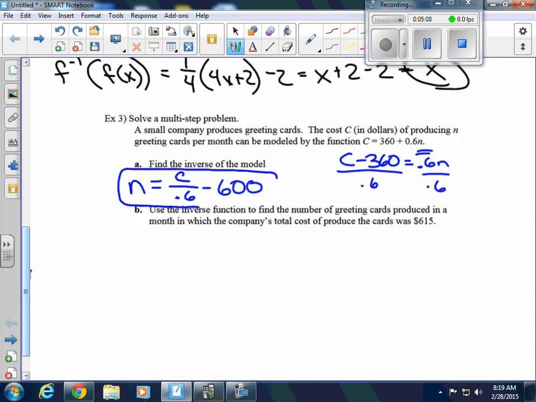And so here is the inverse function for that model. Now for part B, it says use the inverse function to find the number of greeting cards produced in the month in which the company's total cost was $615. So what we're going to do is put that $615 into our equation.